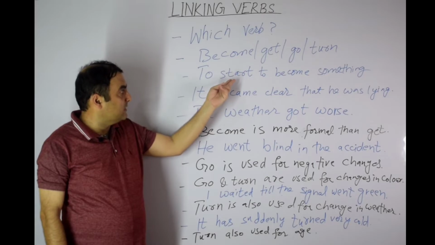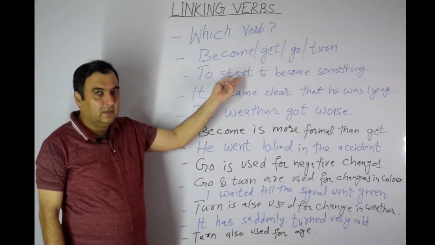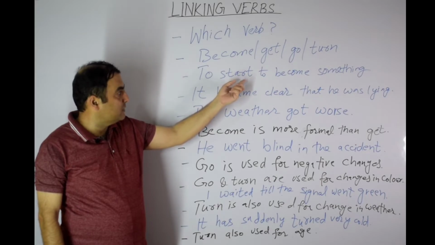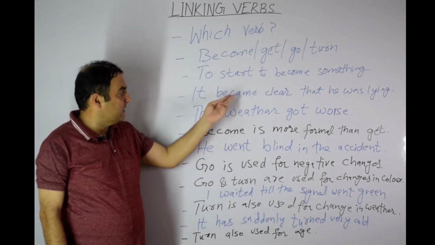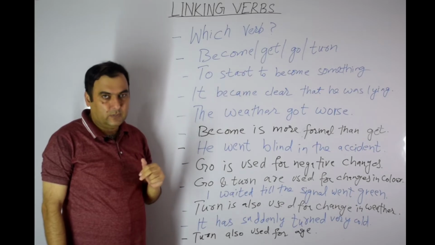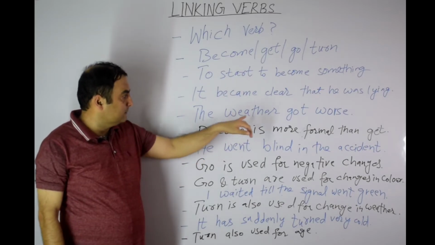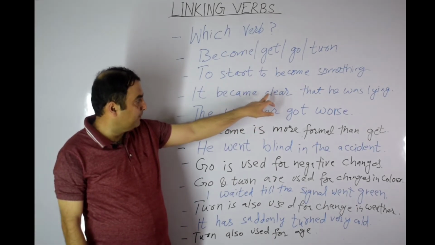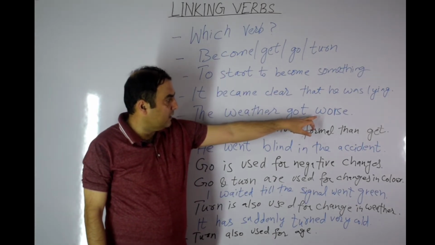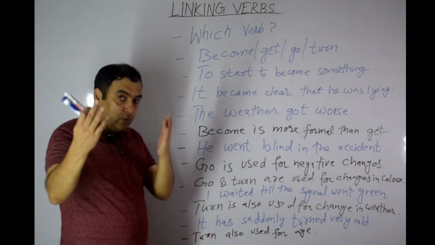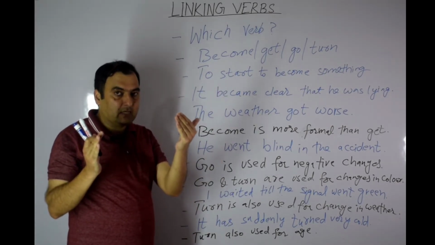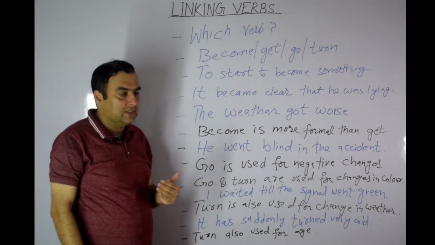All of these verbs mean to start to become something. For example, it became clear that he was lying. And the weather got worse. Clear and worse are adjectives.